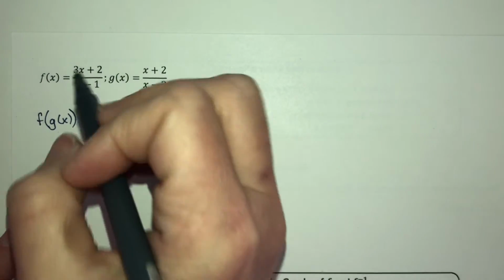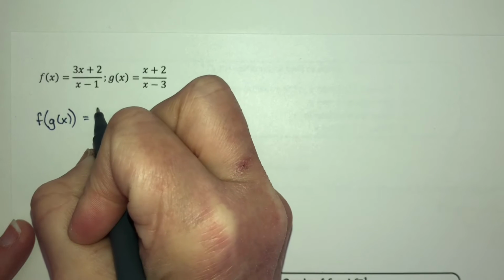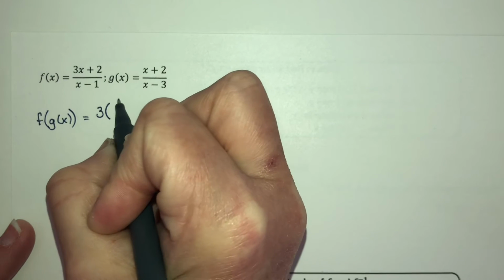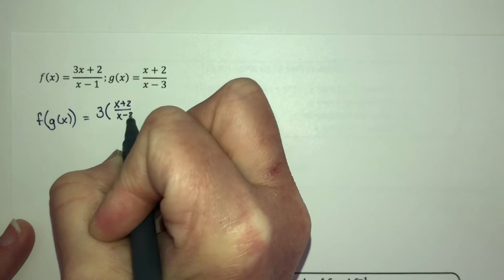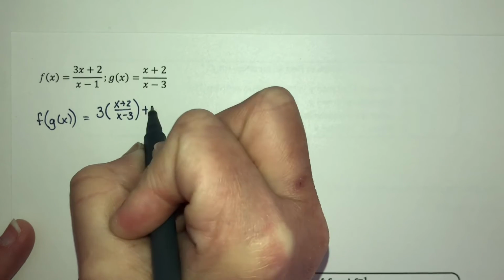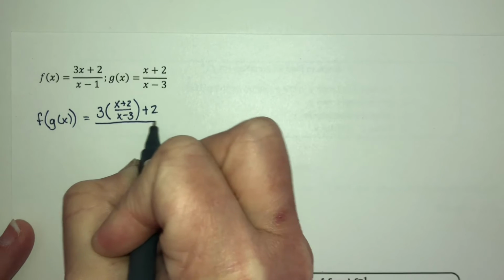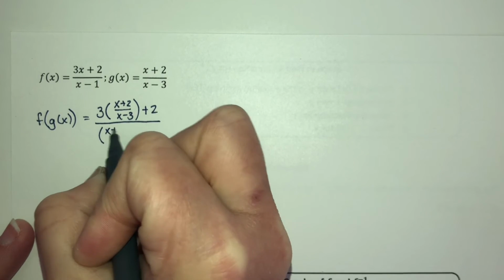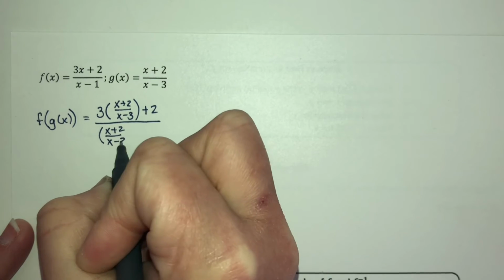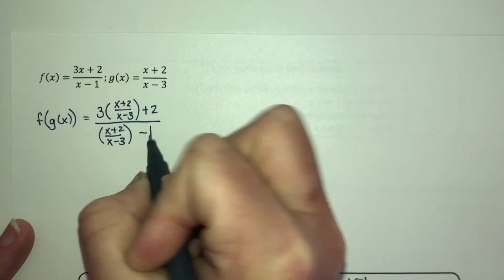So this will be 3 times x plus 2 over x minus 3 plus 2, over x plus 2 over x minus 3 minus 1.